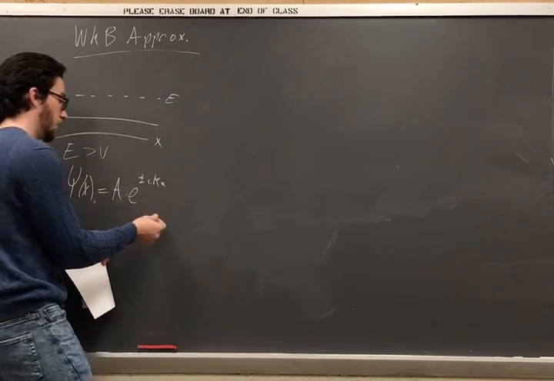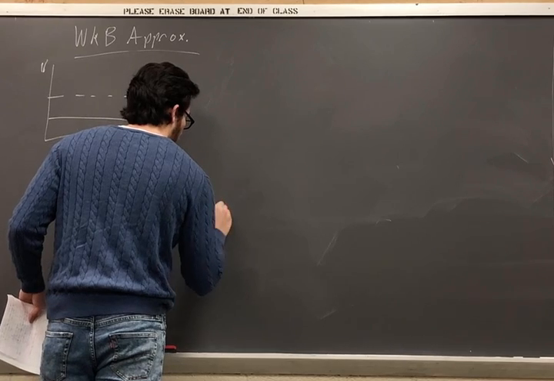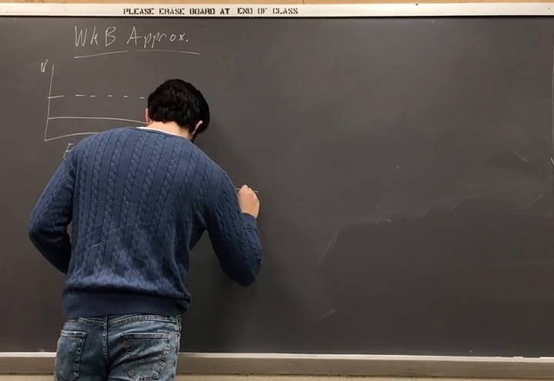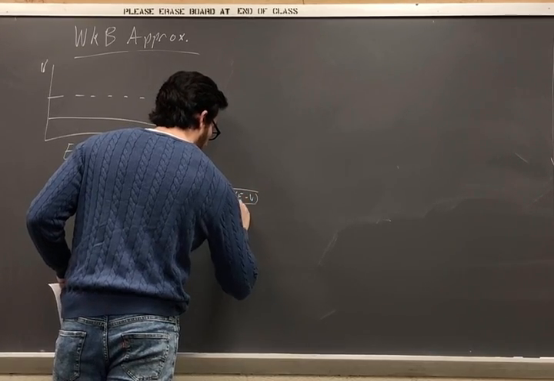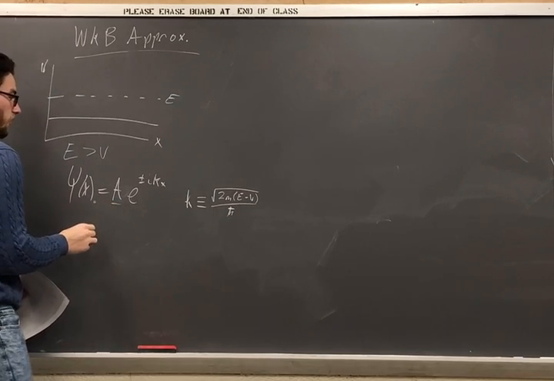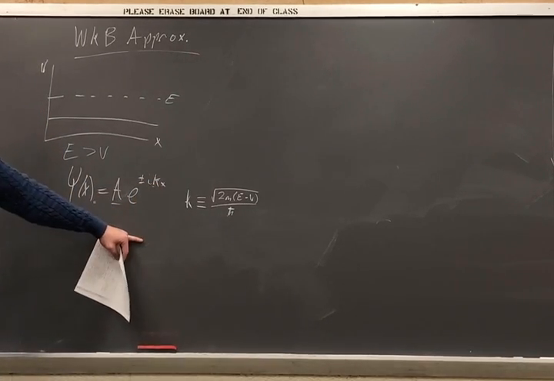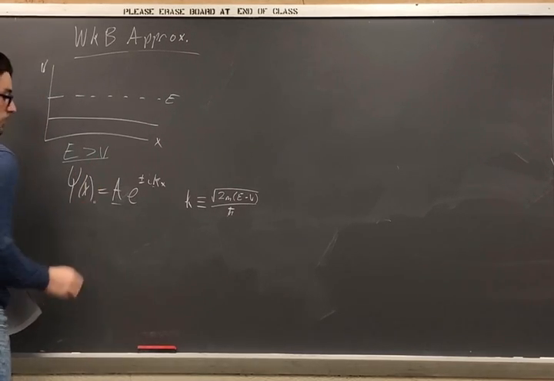This is just a complex exponential where k we define to be equal to the square root of 2m (E minus V) over h bar. Okay? So this A is just the amplitude of the wave, and k is our wave number. So this is our complex exponential solution to the case where E is greater than V.